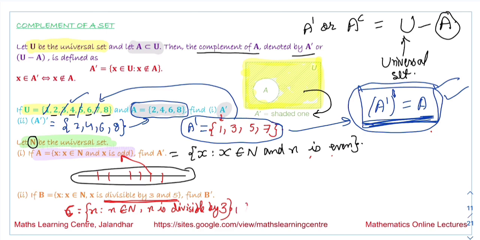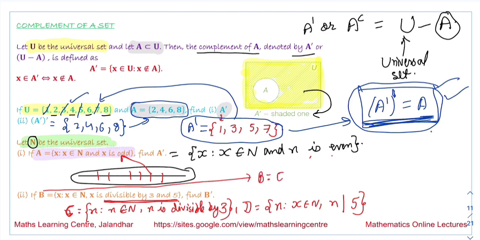We are talking about another set D. It is x, where x is a natural number and x is divisible by 5. In the short form we have written it in this form, that x is divisible by 5. So the set B is C and D, which gives us C intersection D.